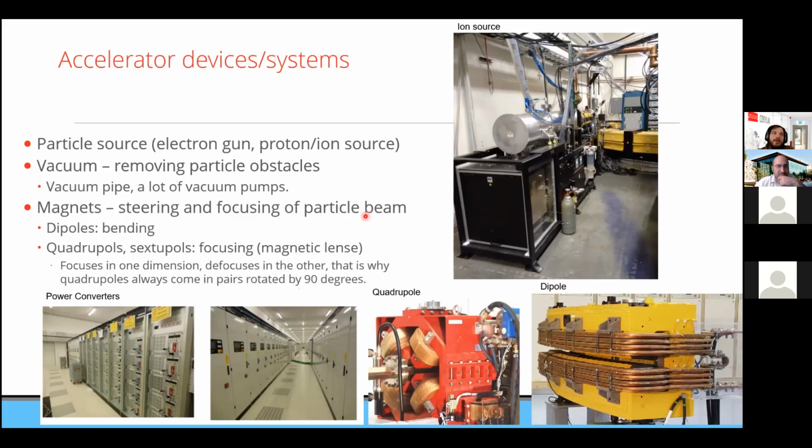And then magnets. Magnets are essential for steering and focusing of particle beams. For example, in a synchrotron, the steering is essential, and it has to be very synchronized, because the particles are constantly circulating in the ring.